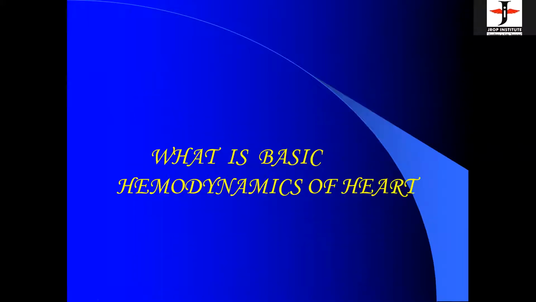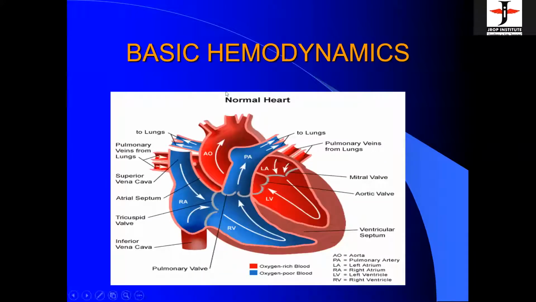Now, what is the basic hemodynamics of the heart? Pardon me for showing this slide, but it is very important because many of you might have forgotten. The basic hemodynamics is that the venous blood from the superior and the inferior vena cava goes to the right atrium. I hope you know this.